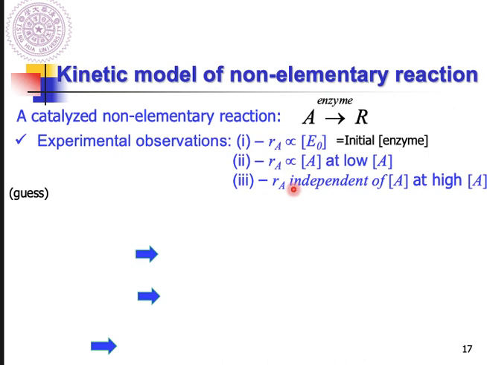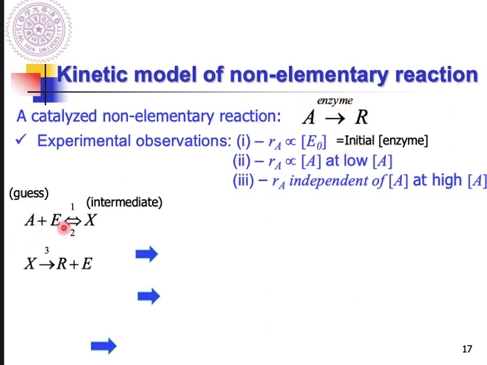So now, based on these observations, for sure this is a non-elementary reaction, right? To follow the same idea, we need to assume a 2-step model. Here I guess E is the enzyme.